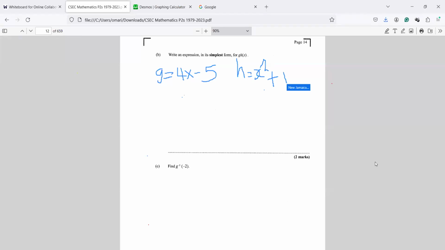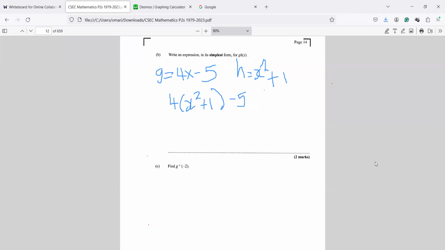So we'll insert the x squared plus 1, where we have x, so it's 4 times x squared plus 1. And then you put back your -5 because you can't leave off that section.